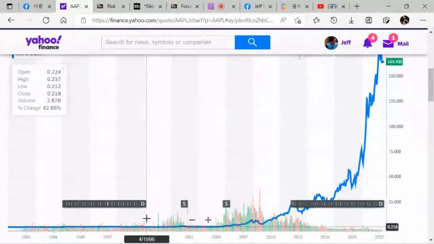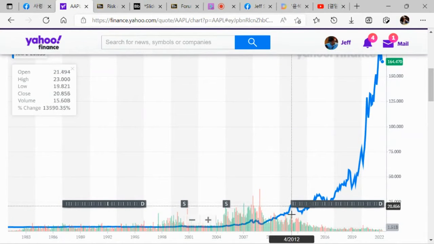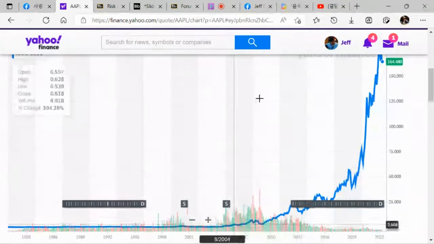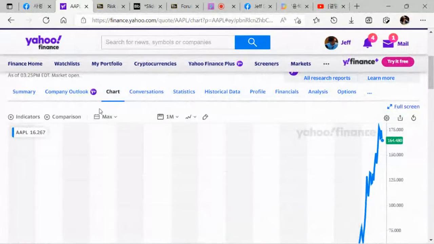So you can tell there was a period between April 1996 through March of 2012 during which Apple didn't pay any dividends, right? But then they started to pay dividends. So even the most recent 5 years, let's see, 5 years.